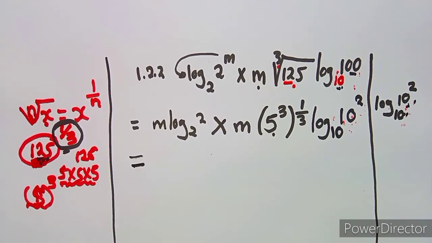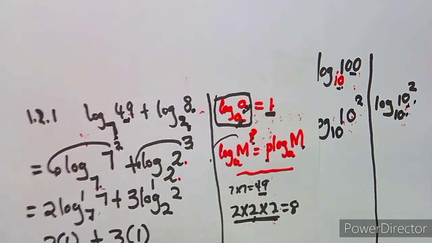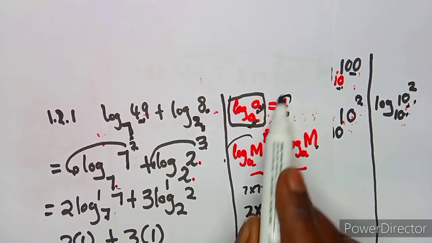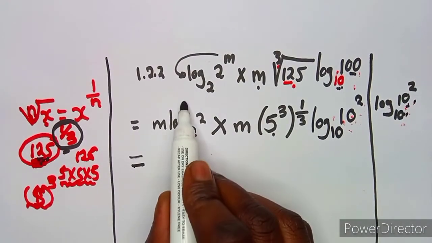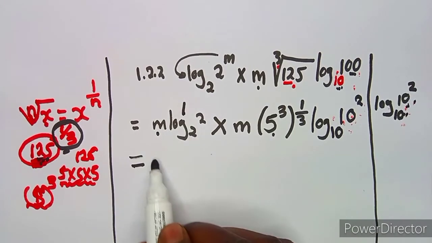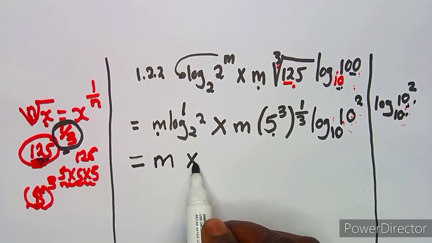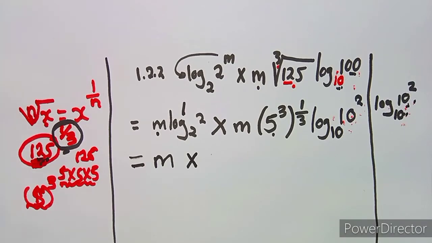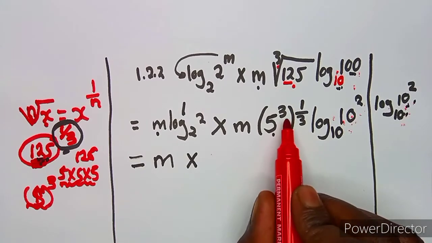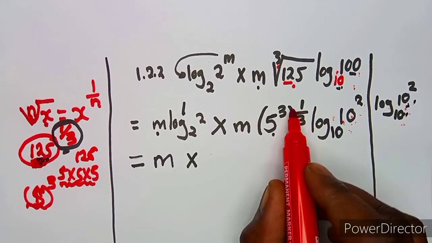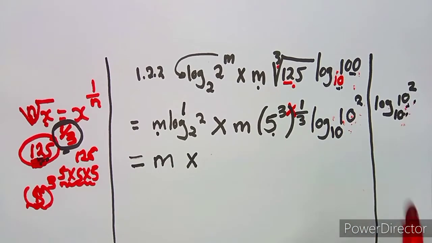Remember this concept that log a base a is 1. So here we're going to have a 1. So m times 1, that is m times. All right, what are we going to do at this stage? We've got an exponent and an exponent, so we're going to multiply them.